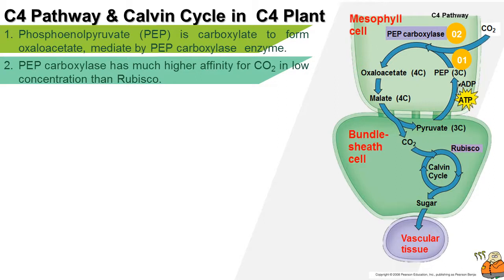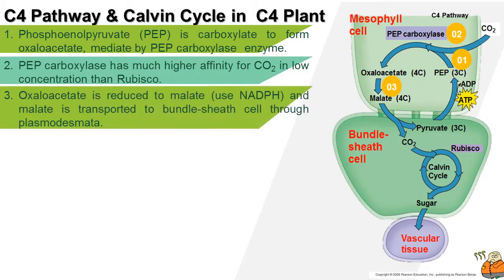Number 2, PEP carboxylase has a much higher affinity for carbon dioxide than Rubisco and no affinity for oxygen. Number 3, oxaloacetate is reduced to malate. It actually uses NADPH, but this is not stated here, and malate is transported to the bundle sheath cell through plasmodesmata.